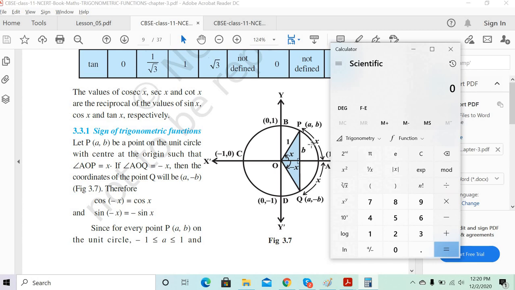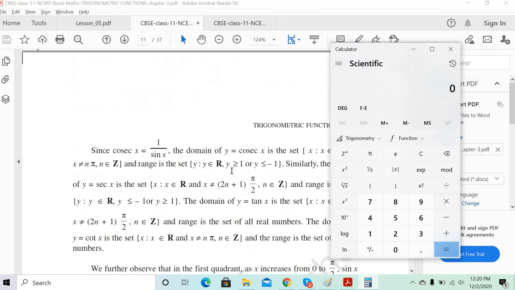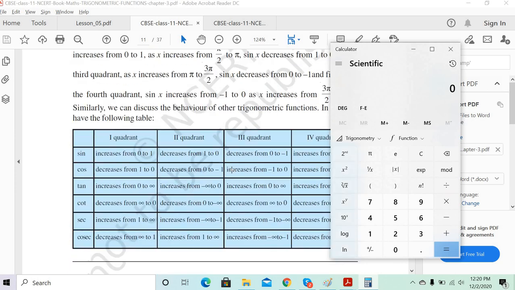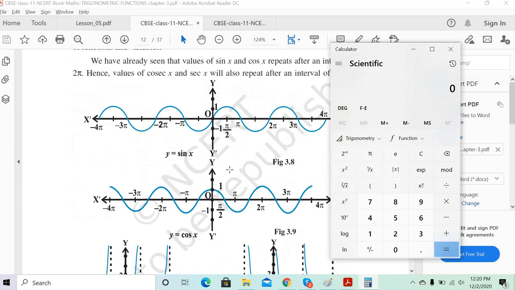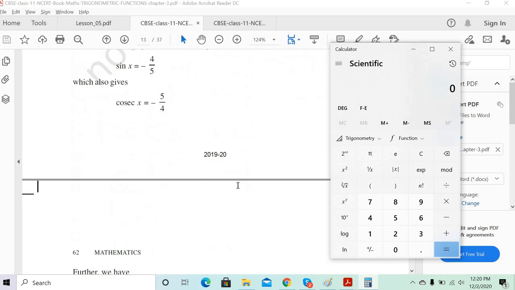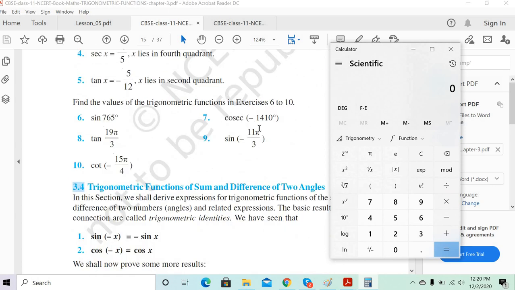So basically it's as good as cosec 30 degree only, because from the 0 it's cosec 30 only. 150 plus 30 is 180, so it's as good as making 30 degree with the x-axis. Cosec of minus 1410 is actually 30 degree anti-clockwise in the first quadrant, isn't it?